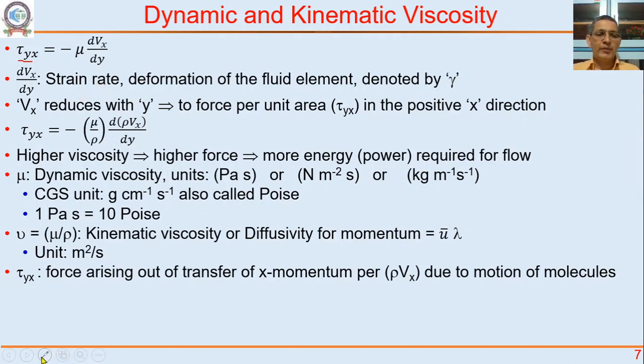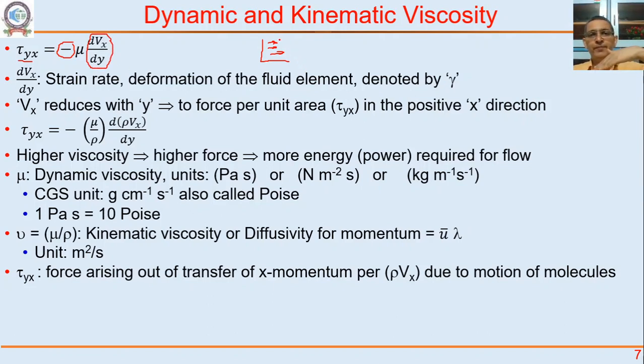Now, a little bit about this minus sign as well. What was our Vx with respect to y? This was the x direction. Our Vx was reducing in the y direction, which means this dVx by dy had a negative sign. The slope is negative.